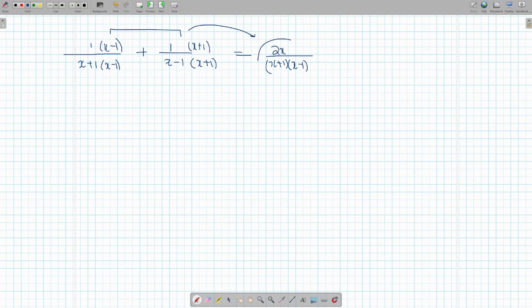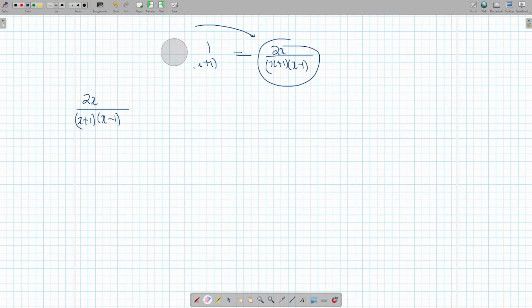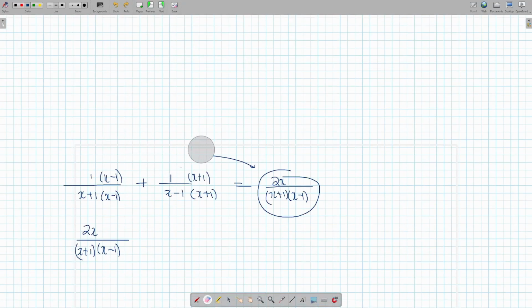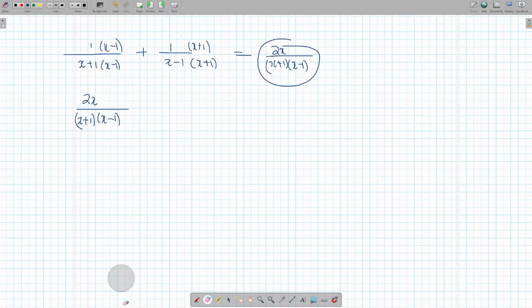Now, what if I took this and told you, okay, I want to split this up into two fractions? So I want to go the other way around. Let's say you don't have any of this, but you now want to split this up into two fractions. Let's take a look at the two fractions that led us to this one big fraction.